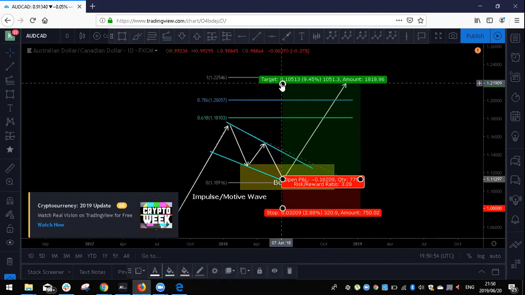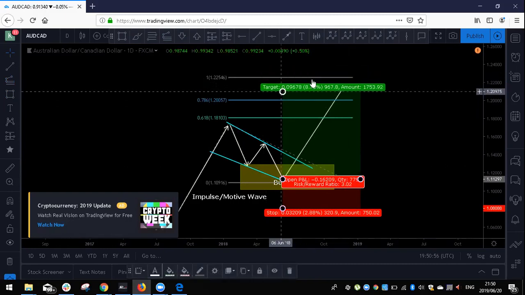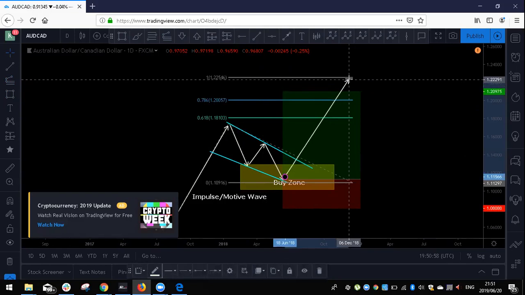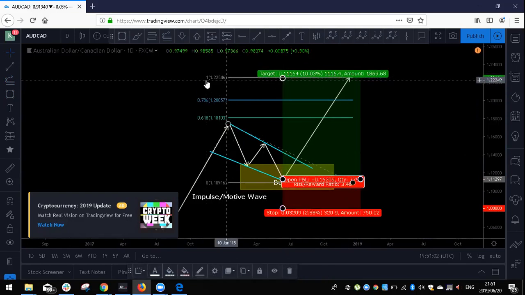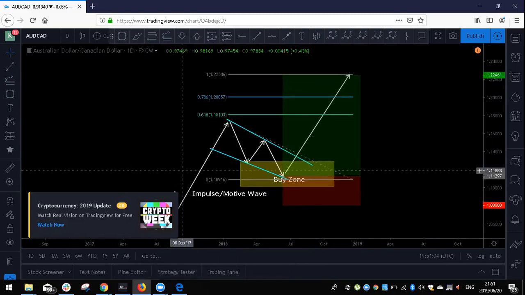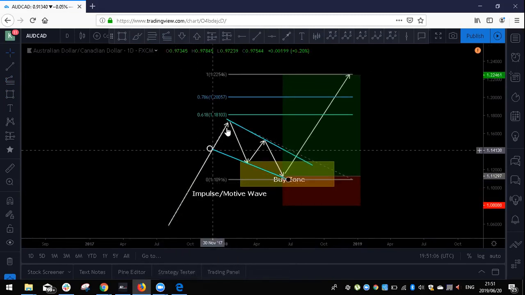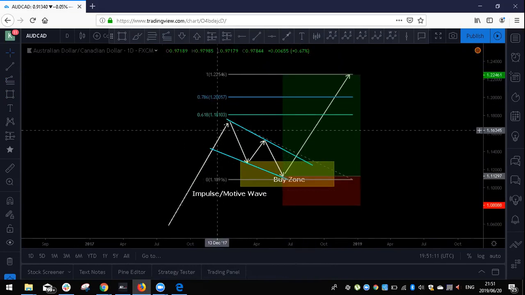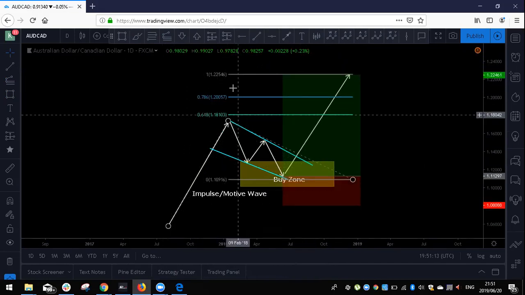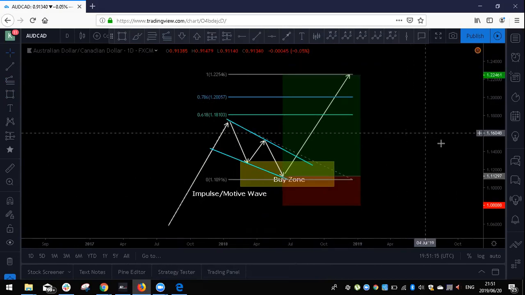It should come up to there. This one means 100% expansion of this. It means this length is exactly the same as this. Okay. Because it's sitting there at 1.